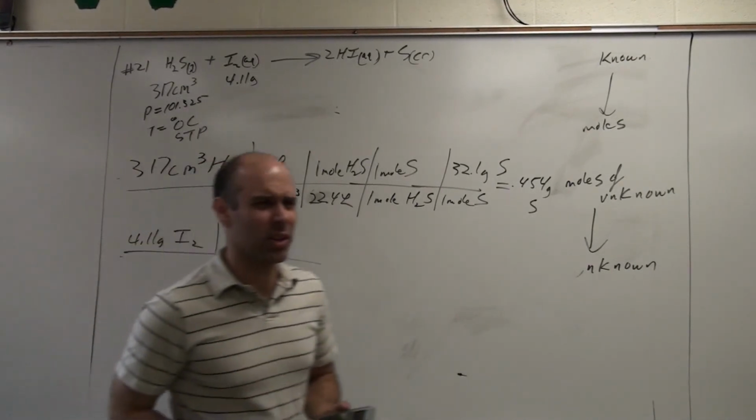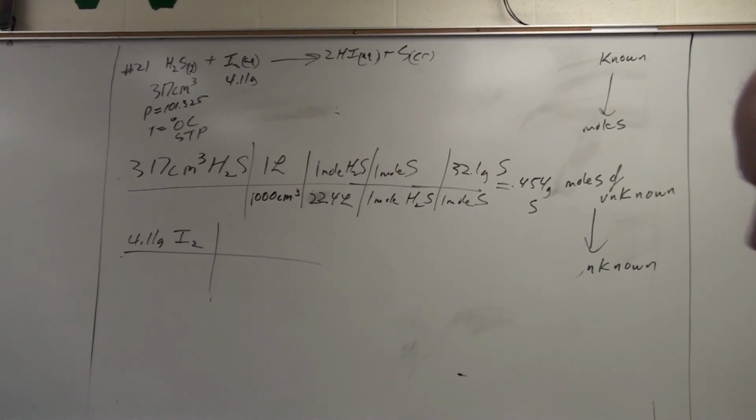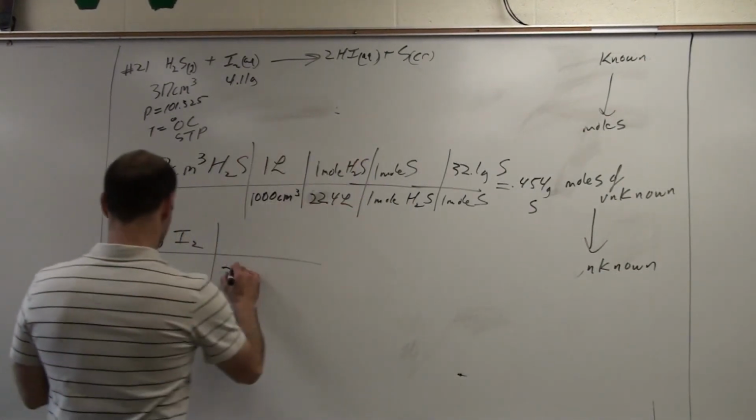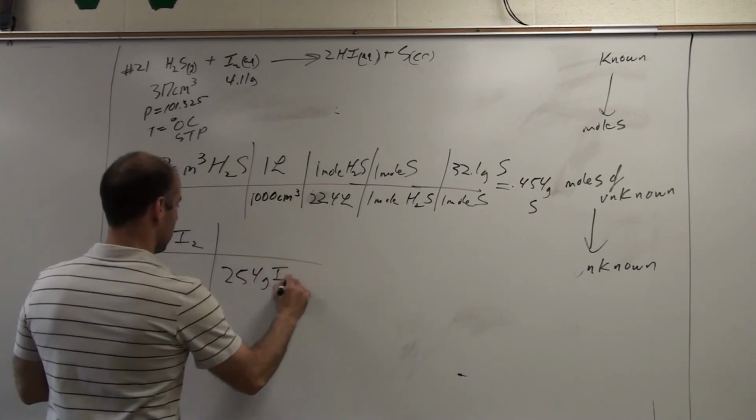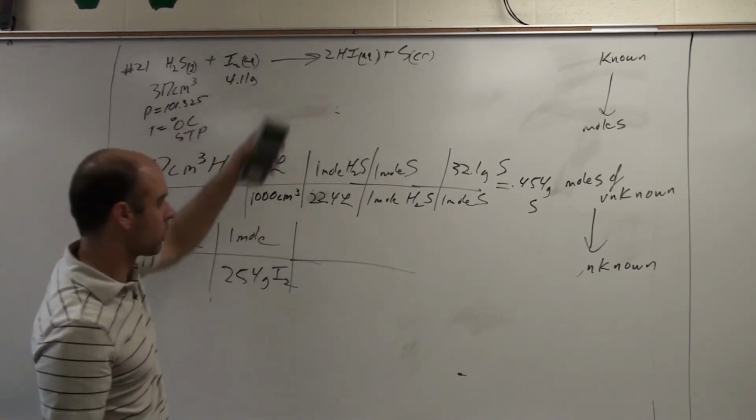Iodine weighs 127 times 2. The ratio is also 1 to 1.